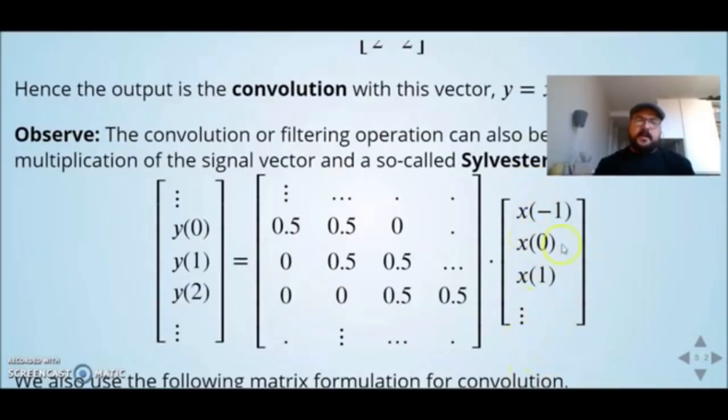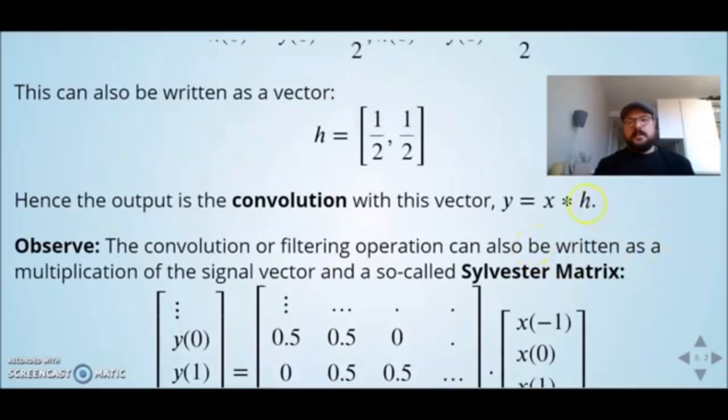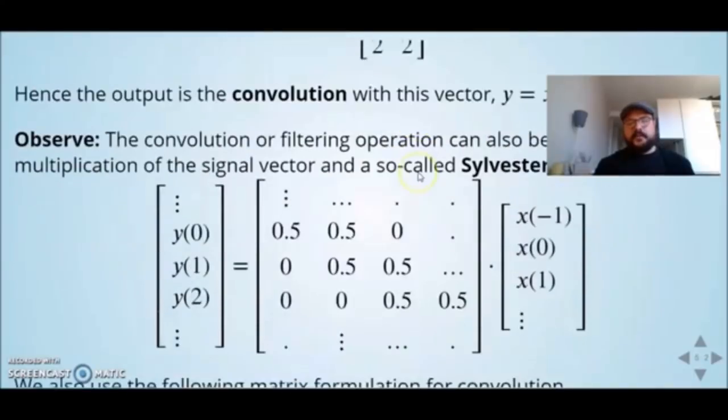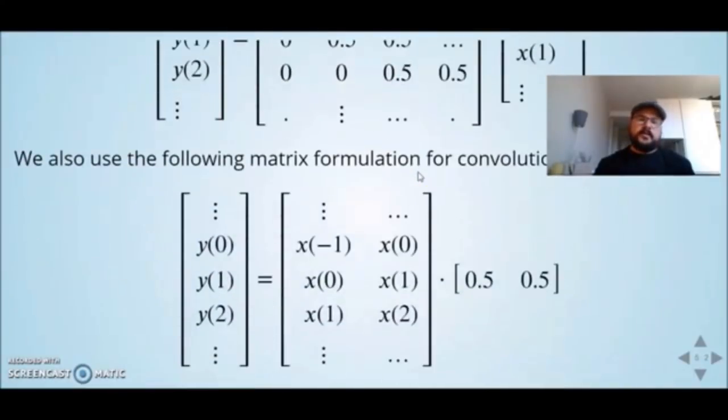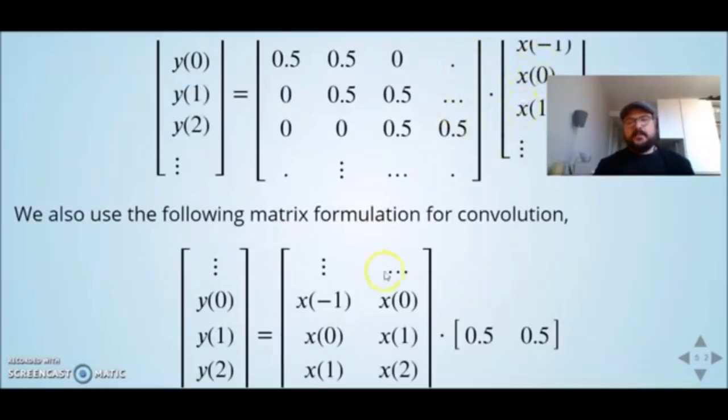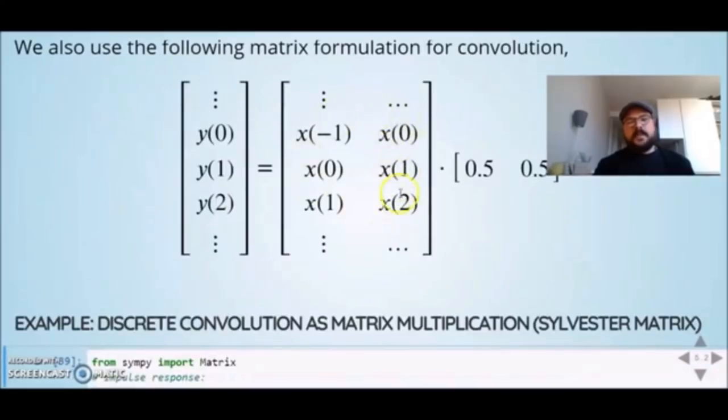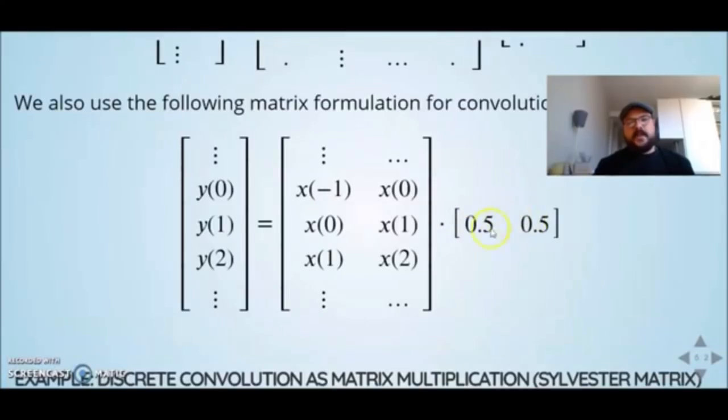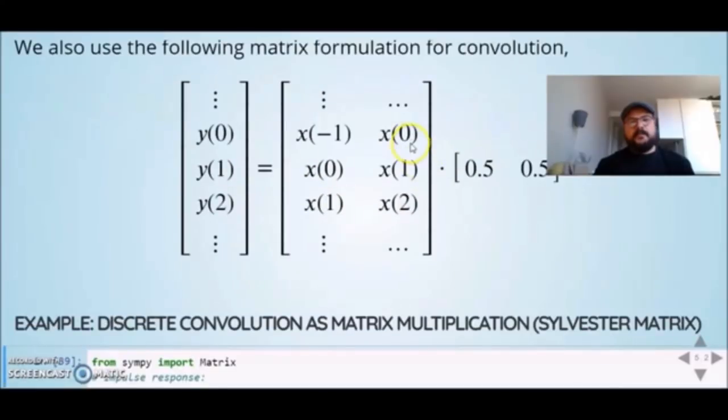So we have our input vector, we multiply by the Sylvester matrix, and we have an output, which is the discrete convolution. We can also change the shape of our input signal and do a matrix multiplication with the impulse response vector, and we still have the convolution.